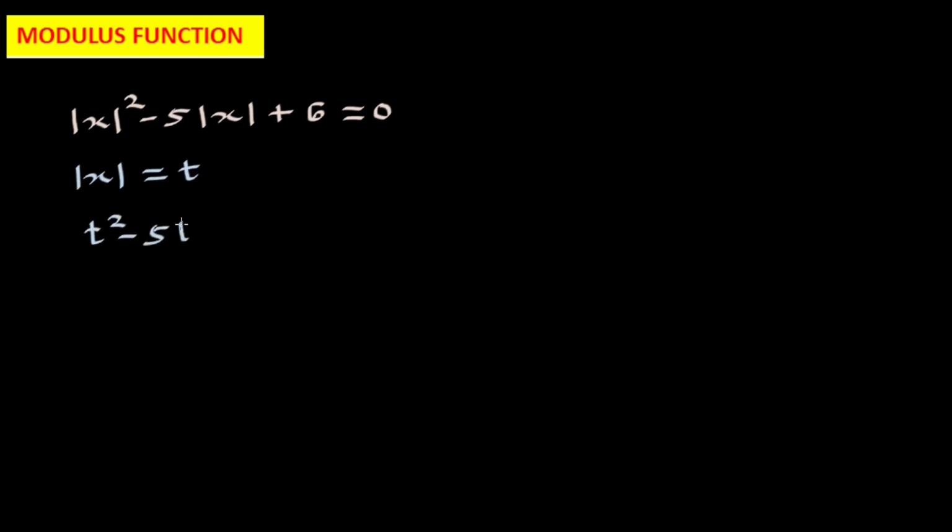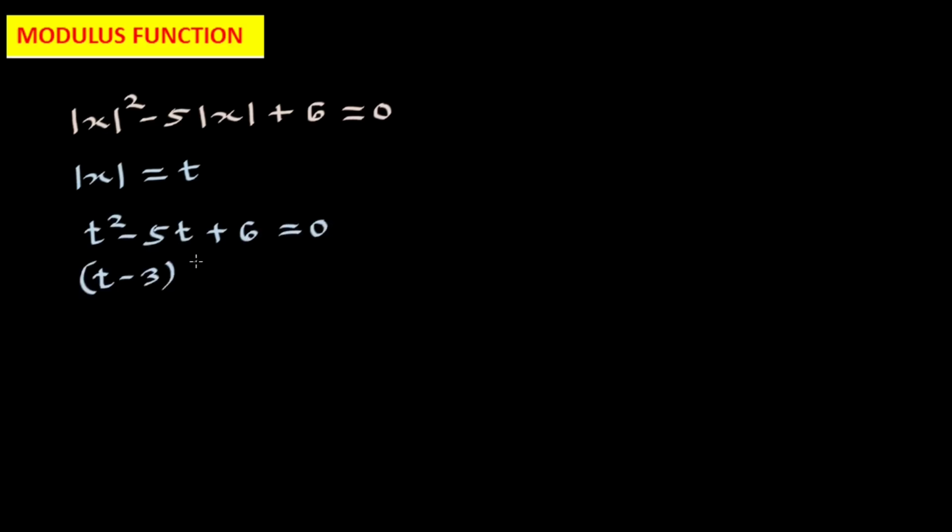How to solve mod x power 2 minus 5 mod x plus 6 equals 0? Let us substitute mod x equals t. So the given equation becomes t square minus 5t plus 6 equals 0.